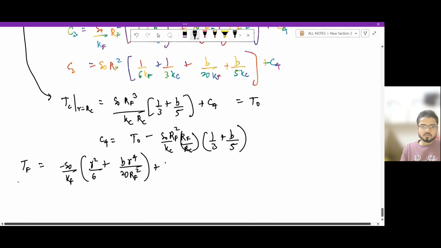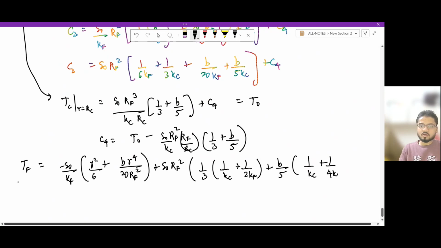And C3 is S naught times RF squared, and all this, lots of stuff right here, KC plus 2KF, plus pick out B by 5 from here, and we could write 1 by KC plus 1 over 4 KF.